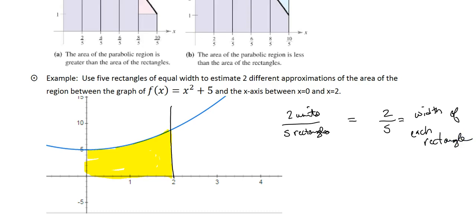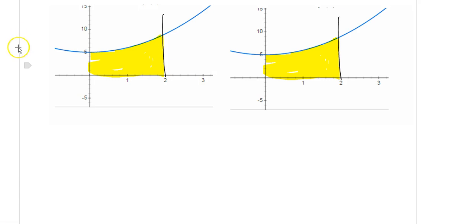Okay, so there's 2 different ways we can do this. So if I wanted to do the overestimate, I would want to draw the rectangles on the top. So basically, I know that I'm going to need to mark off kind of 2/5 for each rectangle.